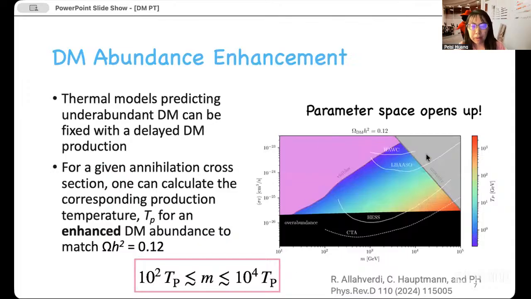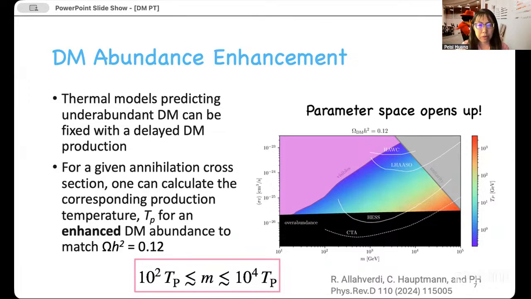So let's go back to this plot and again focus on this open triangle here. For thermal models predicting underabundant dark matter, they can be fixed by a delayed dark matter production. For every point in this open triangle, we have the mass and the annihilation cross-section. And we can calculate the corresponding production temperature, or the phase transition temperature, for an enhanced dark matter abundance to match the observed 0.12 value.